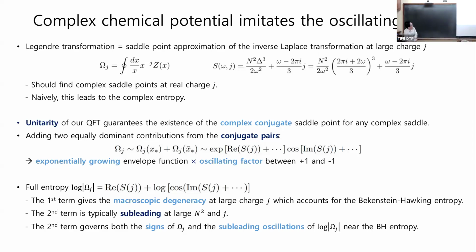What does it represent in that plot? Well, this is typically subleading because you have log of cosine. But first of all, this tells you whether at each charge the entropy comes from bosons or fermions, and secondly, it gives you some subleading contribution to the entropy.